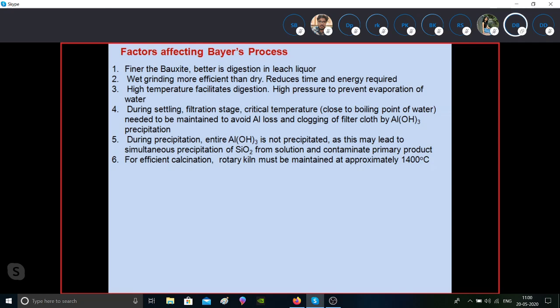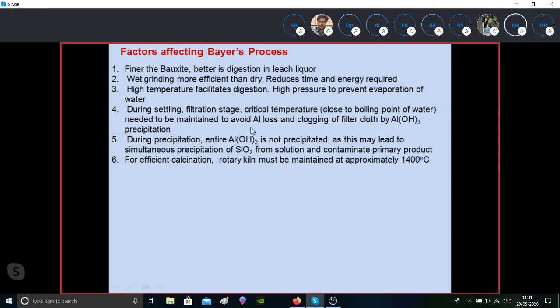We want to avoid the precipitation of SiO2, and SiO2 precipitation will trigger only when we have more or less complete precipitation of aluminium hydroxide. So we do not bring the precipitation to completion, we stop before it so that we can avoid precipitation of silica and avoid contamination of aluminium hydroxide.